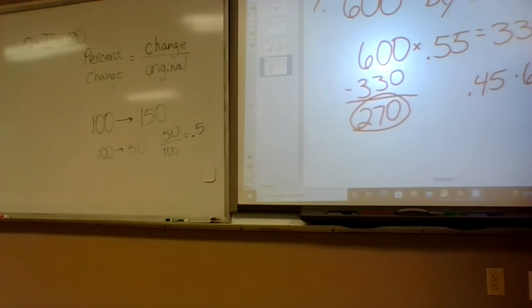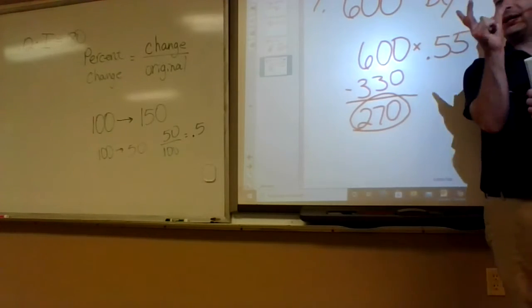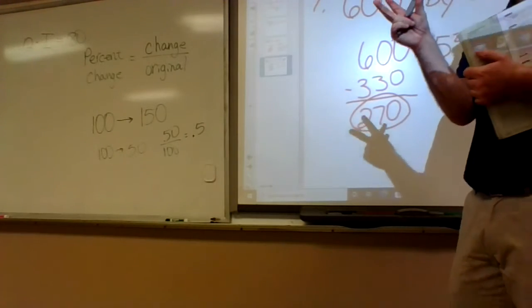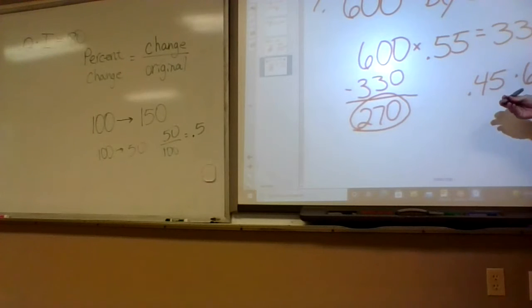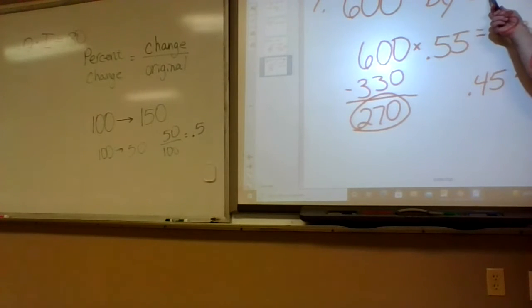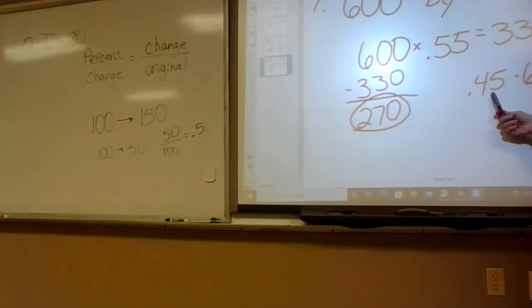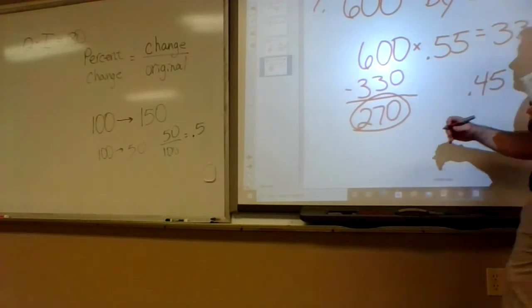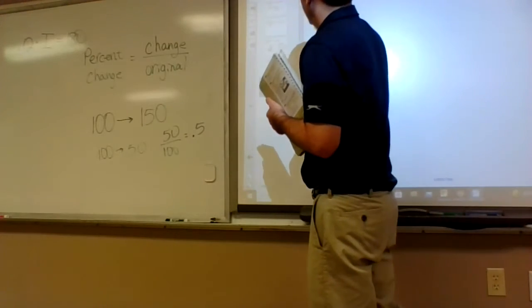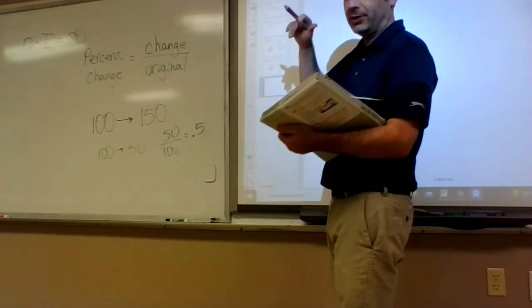So I'm going to do it the first way we learned it. Basically all I did was, if it was an increase, I added the percent. If it was a decrease, I subtracted the percent from 100. 100 minus 55 is 45. What's 45% of 600? That's it. Anyways, I'm going to forget I said that for a while and go back to what I was doing.